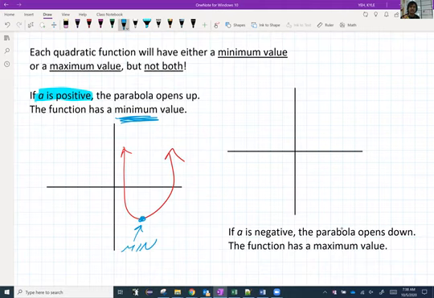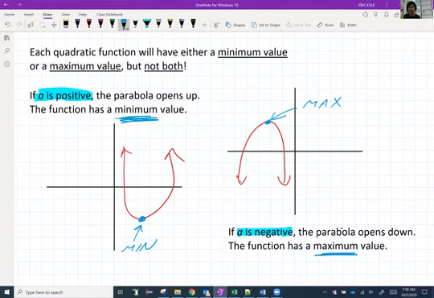Hopefully that makes sense intuitively to you. If we're opening upwards, we do have a lowest value, but we don't have a highest value because we can always go up further. On the other hand, if we had a downwards facing parabola, meaning a is negative, we will have a max value.